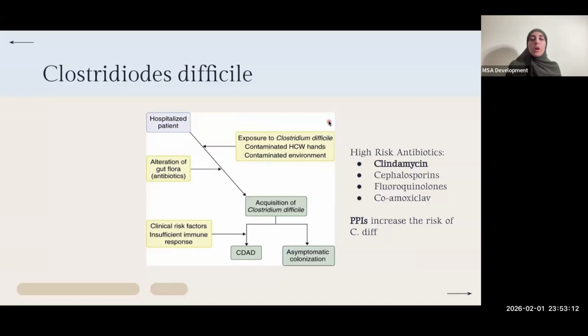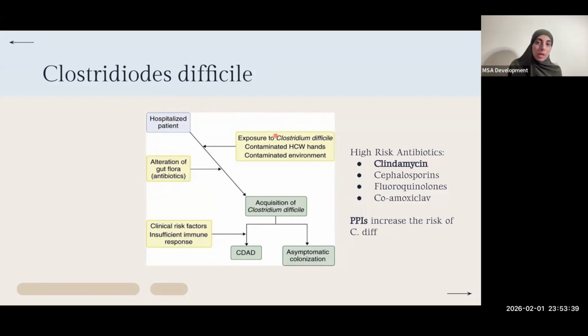Now, how do patients acquire this infection? Basically, it's seen in hospitalized patients. So you think of someone who was hospitalized, someone who received antibiotics recently, which led to alteration of their gut microbiota. It could also be someone who was exposed to C. diff, for example, you had a patient with C. diff in a hospital room, and then the room was not cleaned properly.